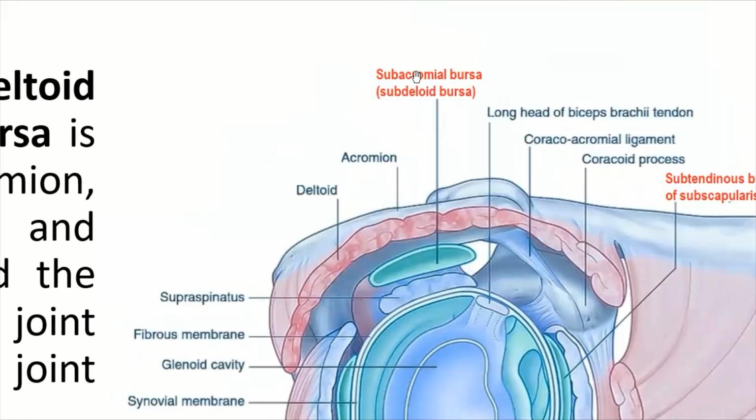This is the subacromial bursa or the subdeltoid bursa, and inferiorly is the supraspinatus blending with the joint capsule, and superior to this bursa are the deltoid and the acromion. This is the superior aspect, and then also the coraco-acromial ligament.